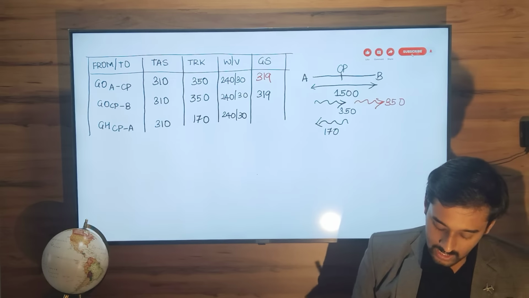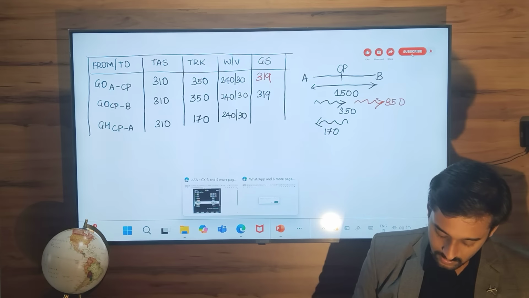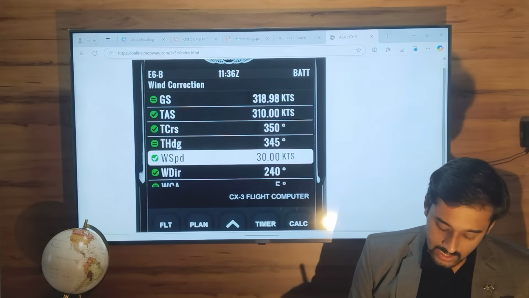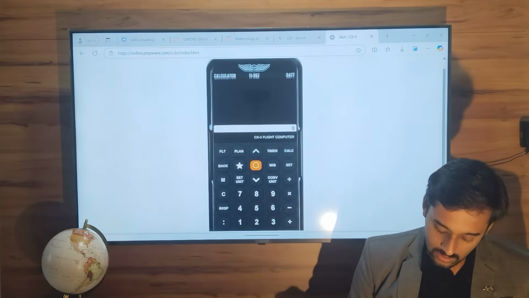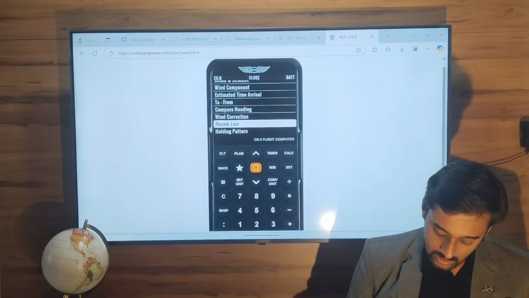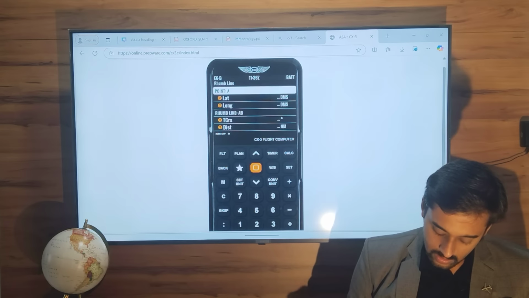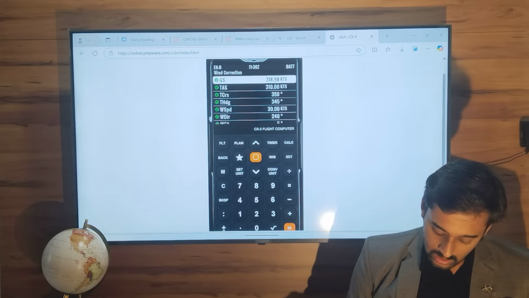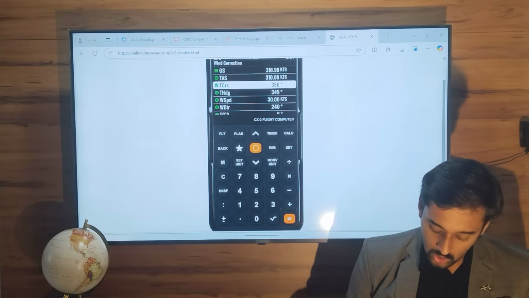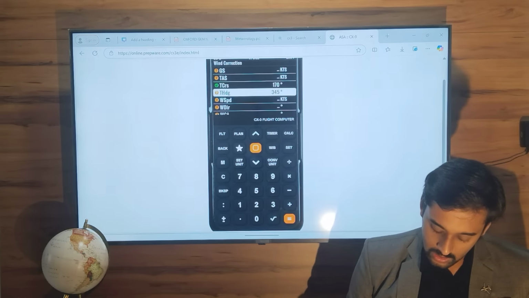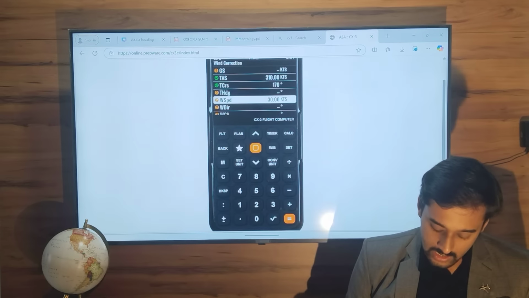So let's put that in the CX3 now. True airspeed is 310. True course is 170. Wind speed is 30 knots and wind direction is 240.